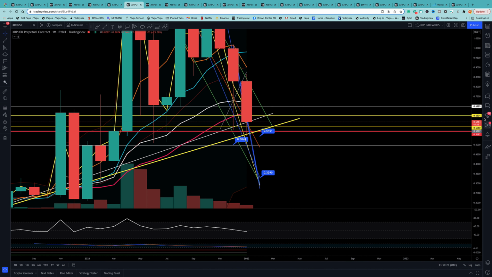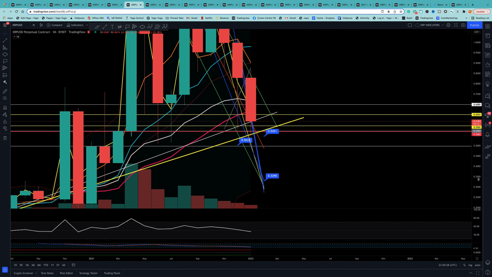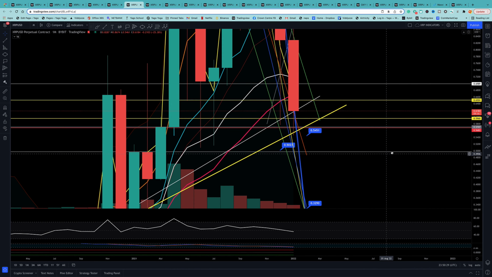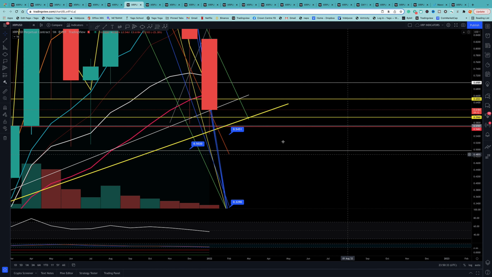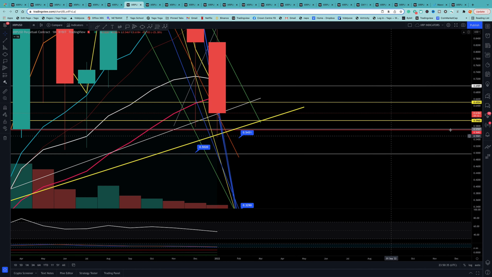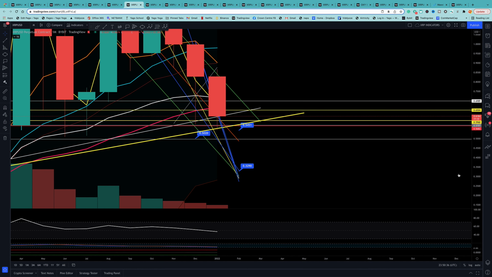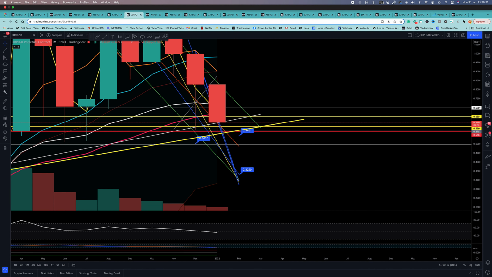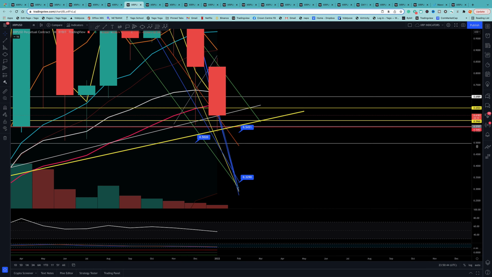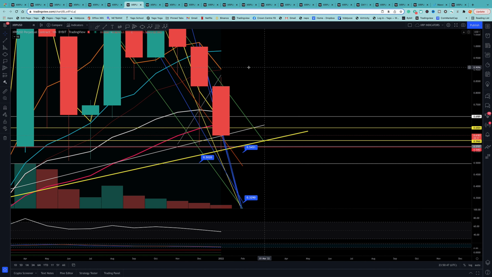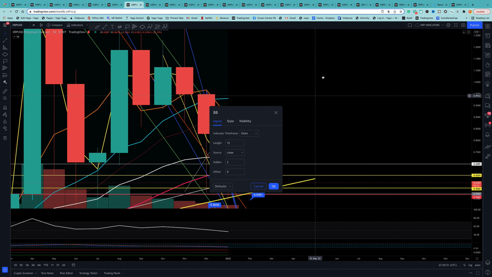Just zooming out to the month for a sec. Now, one of the things I am quite cautious about, yeah, is the month is going to change in 9 minutes. One of the things I'm cautious of here is this red line here.